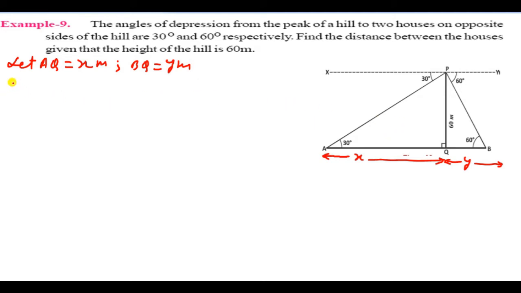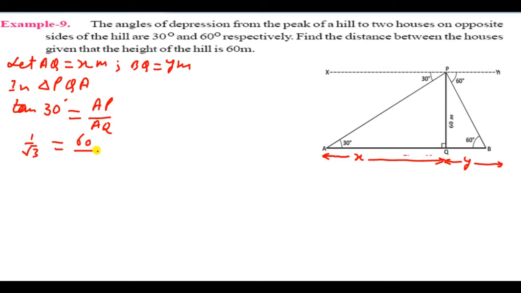First of all, in triangle PQA, tan 30 degrees is perpendicular upon base, that is AP upon AQ. The value of tan 30 is 1 by root 3. AP is 60 and AQ is taken as x. So x is equal to 60 root 3 meters.